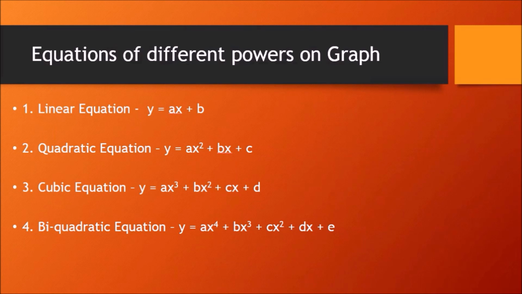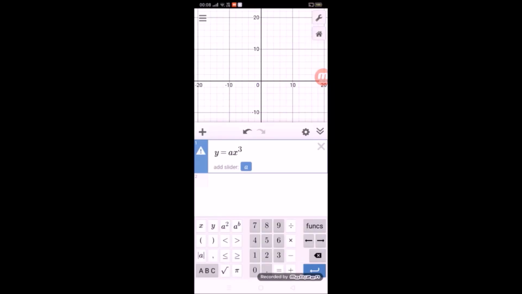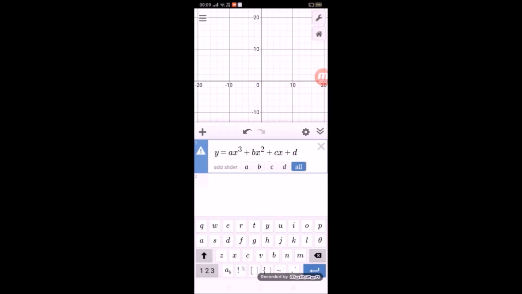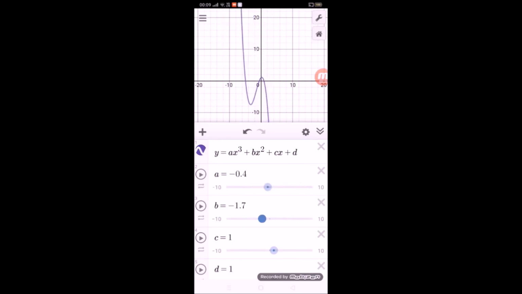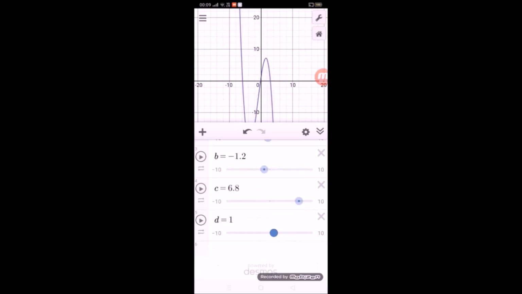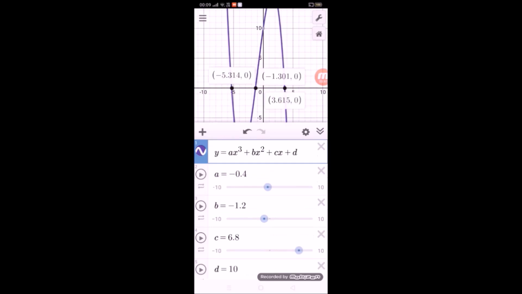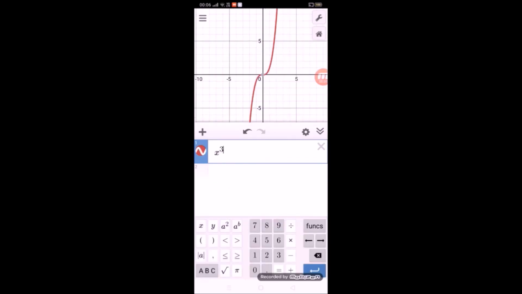An equation of power 3 is called a cubic equation, and the standard form of a cubic equation is y is equal to ax cubed plus bx squared plus cx plus d. Here is an example of a cubic equation.